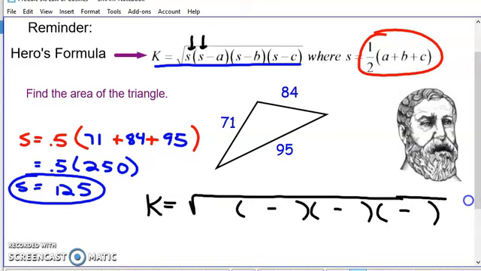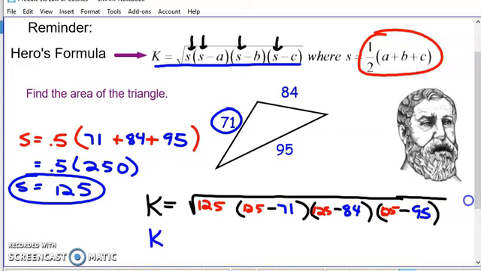Remember, S is 125. 125, 125, and 125. And then these are my sides. Doesn't matter what order I put them in: 71, 84, 95. And now I'm just going to calculate that.